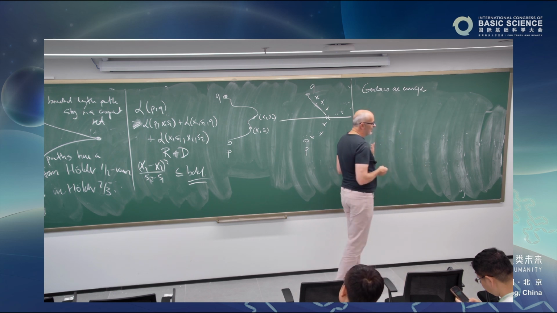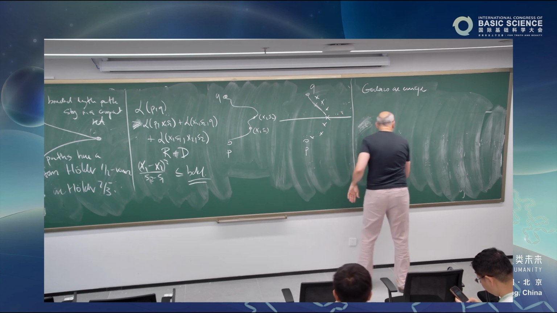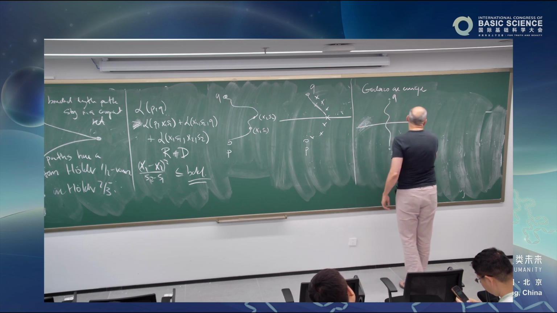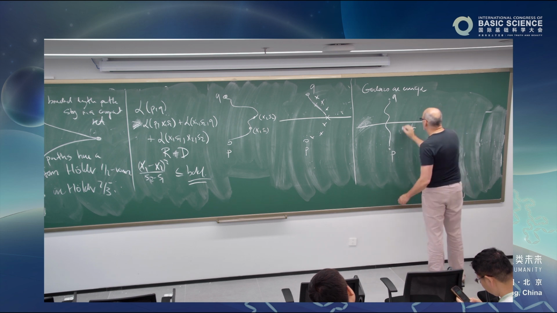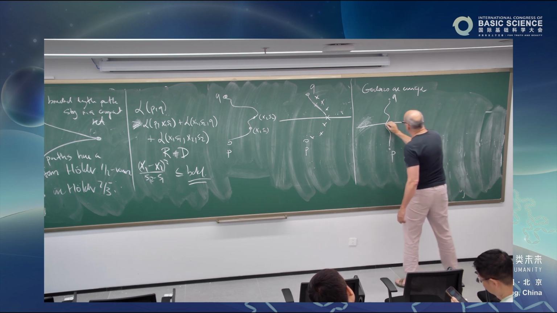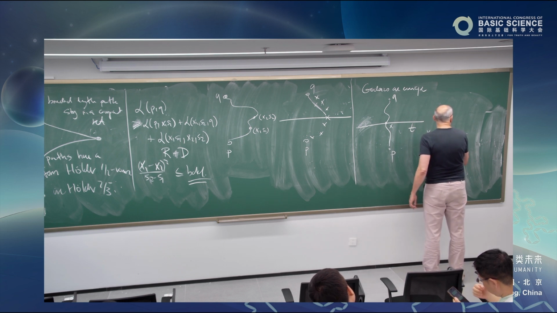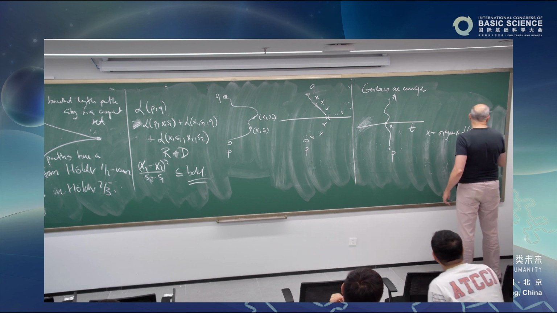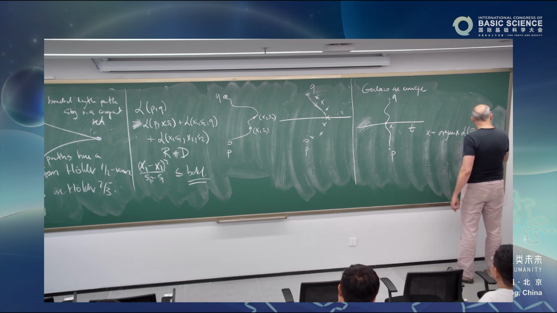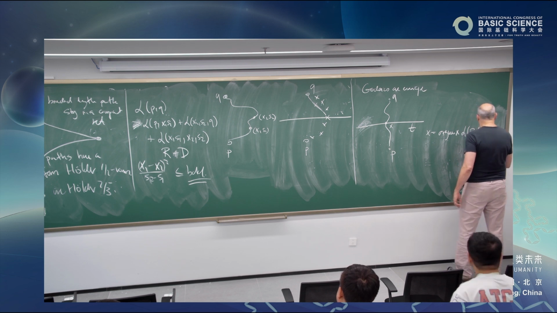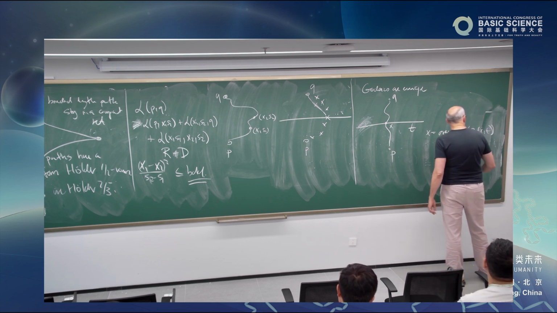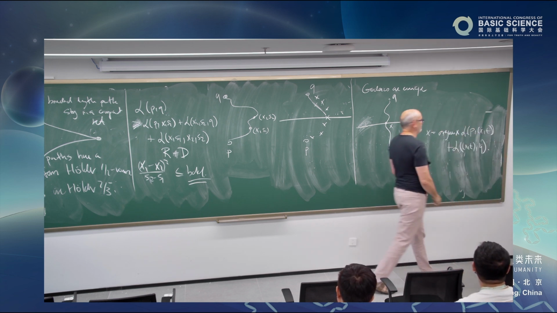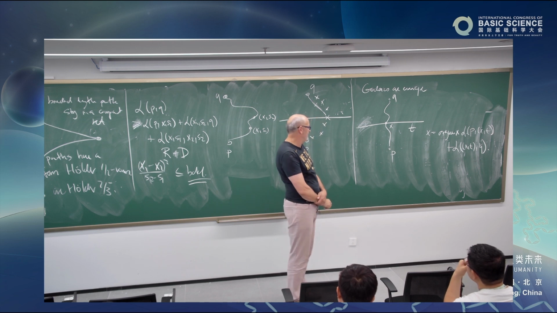Well, where does the geodesic go? If you go from P to Q, here's a geodesic and here's some T. Then the geodesic location, let's call it X, was the argmax of L of P to xt plus L of xt to Q. That was the argmax of these two things.